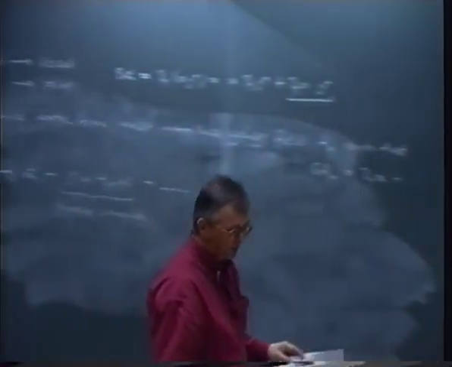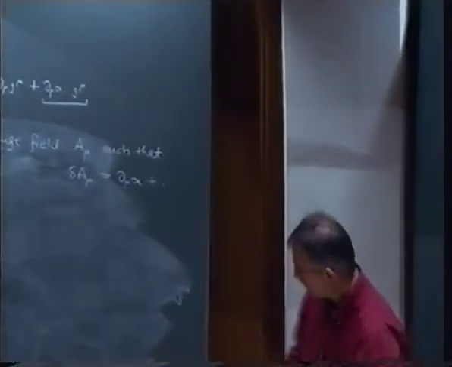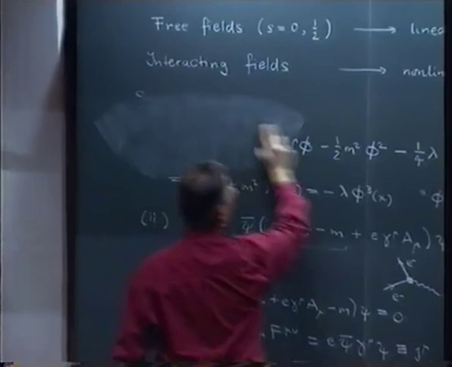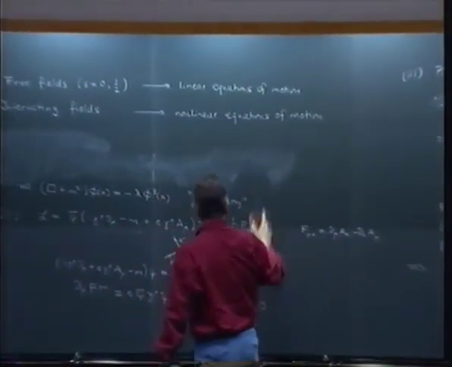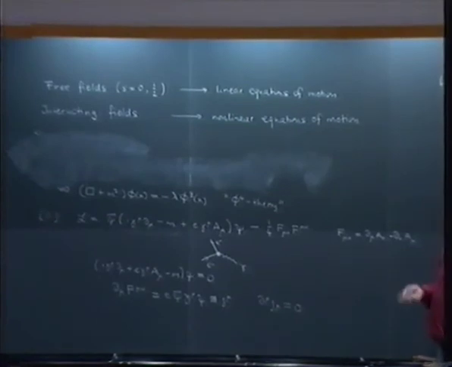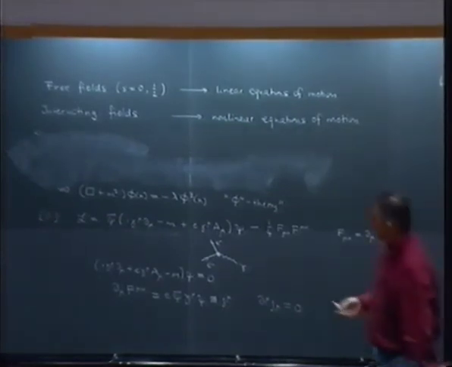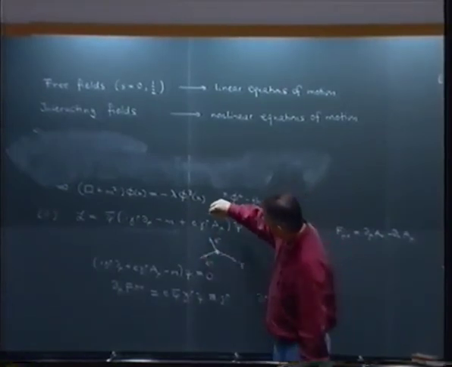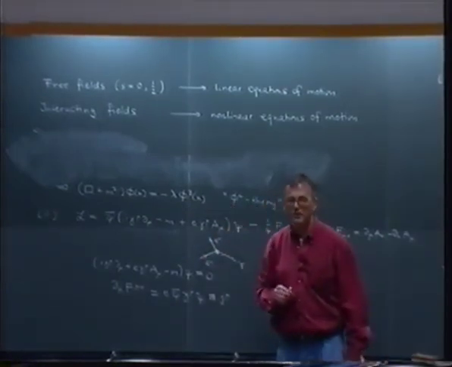So let me say a few words also about Yang-Mills theories. This is the basis for the Standard Model. The point I want to emphasize here is that the nice thing about symmetries is that they sort of fix these kinds of interactions.